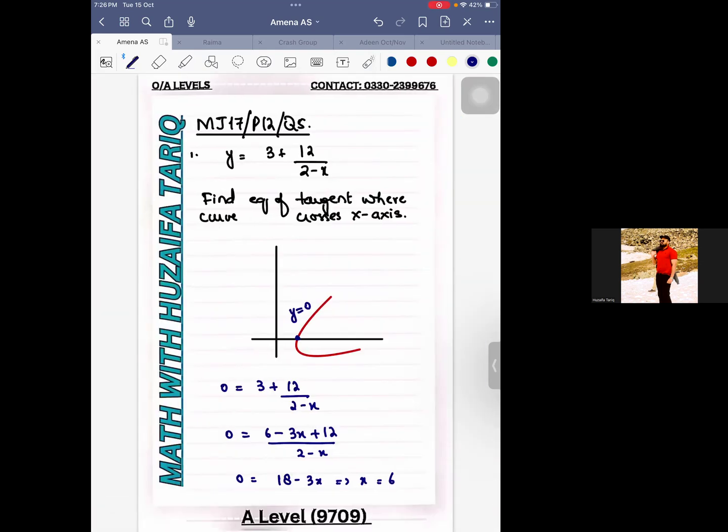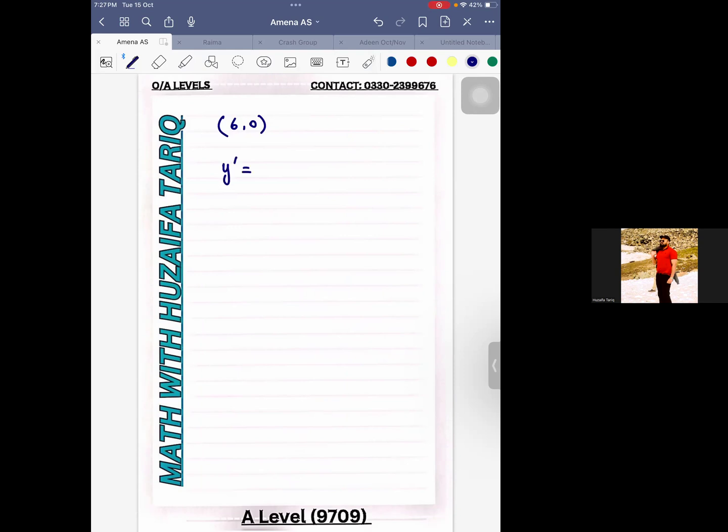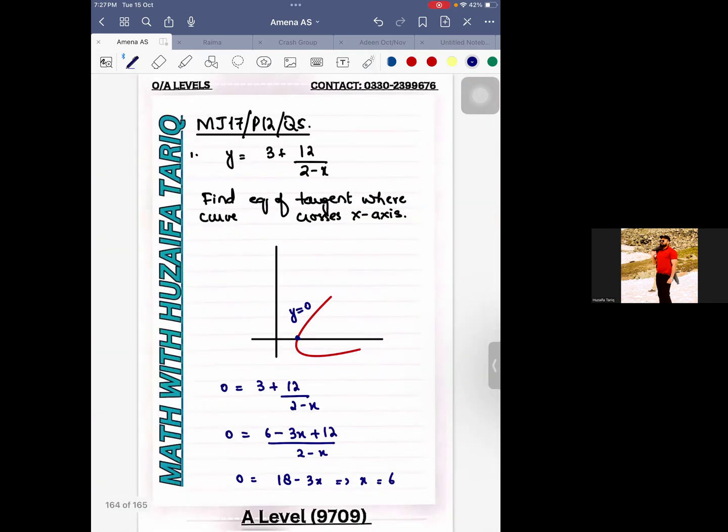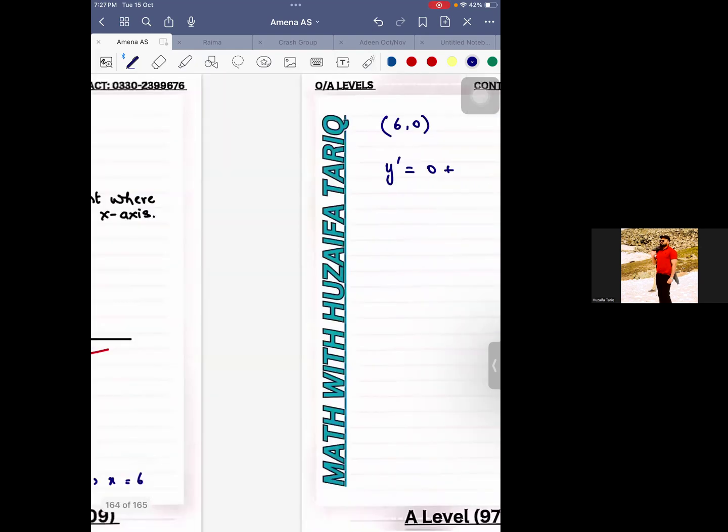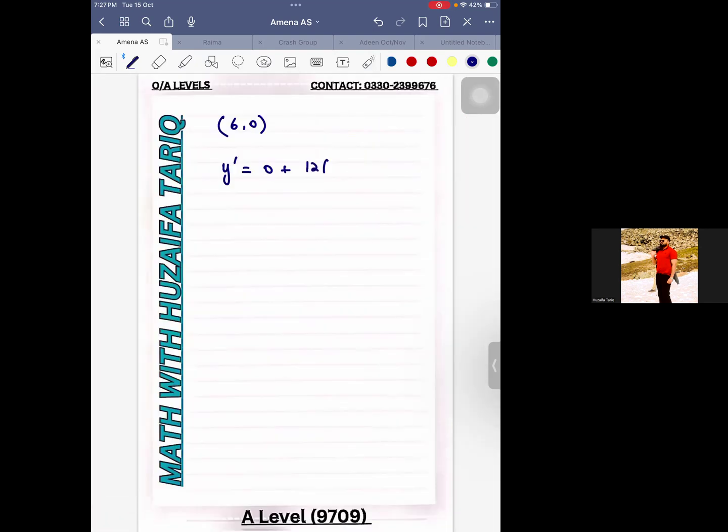So now the second task is to find out the gradient. To calculate the gradient, what we have to do is y bar equals the value of a constant, that is 3. The derivative of a constant is 0. So it will be 0 plus, and then you can write 12 into 2 minus x raised to the power minus 1.